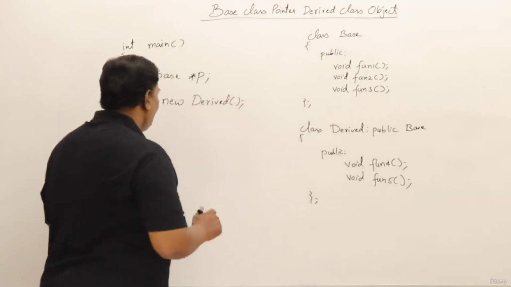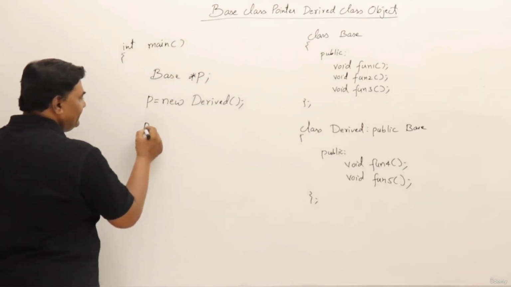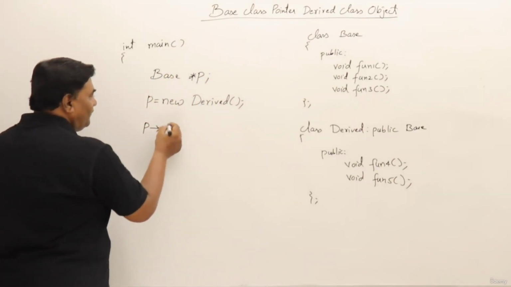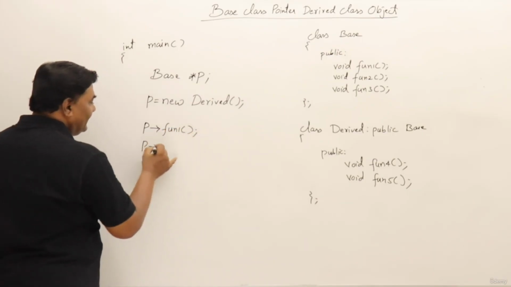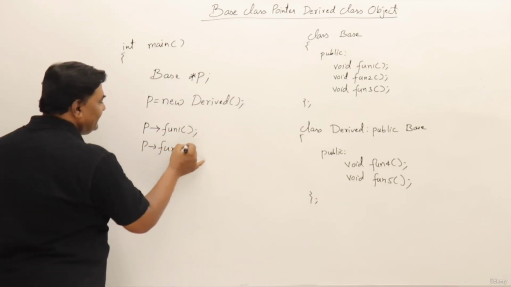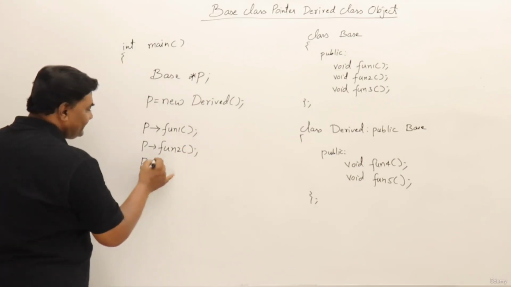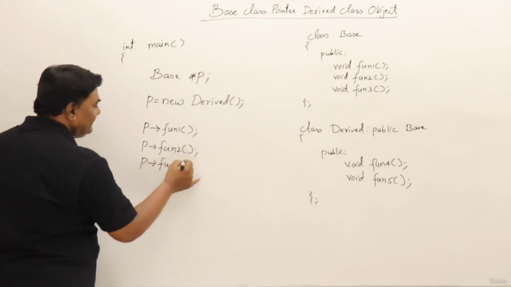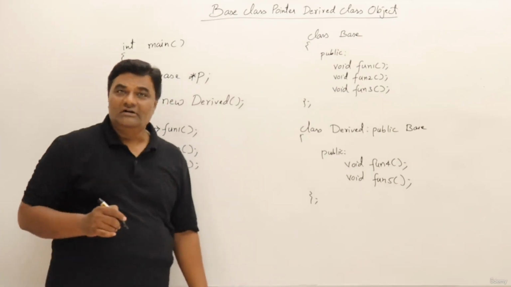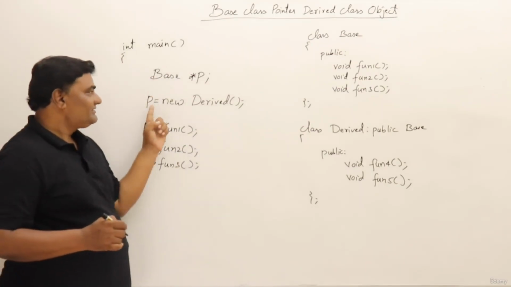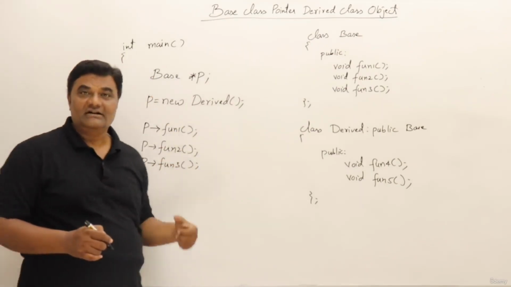Next, I want to call functions. P arrow fun1, yes, I can call. P arrow fun2, yes, I can call. P arrow fun3, yes, I can call. Now the question is, which functions will be called? The pointer is of one class, but the object is of another class.